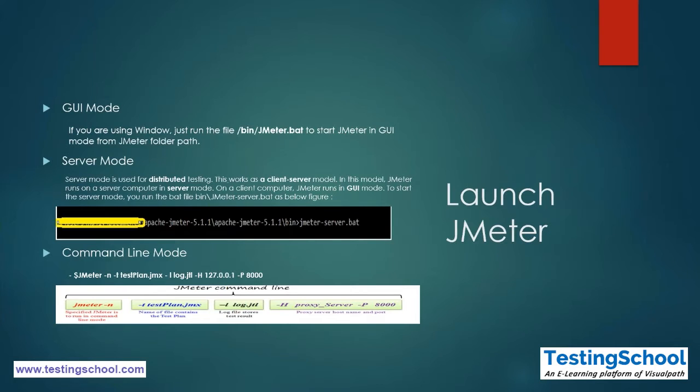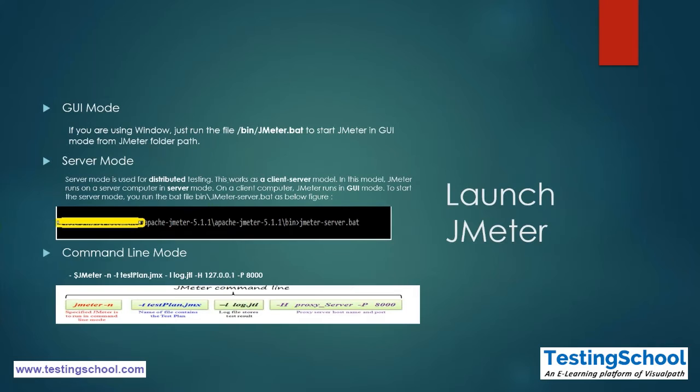So for command line, how you need to execute is you need to run CMD, and inside that you need to navigate until the bin folder of your JMeter path.